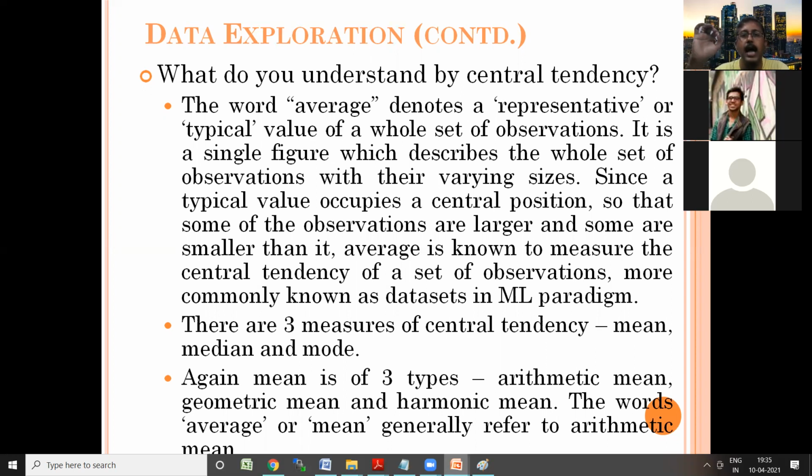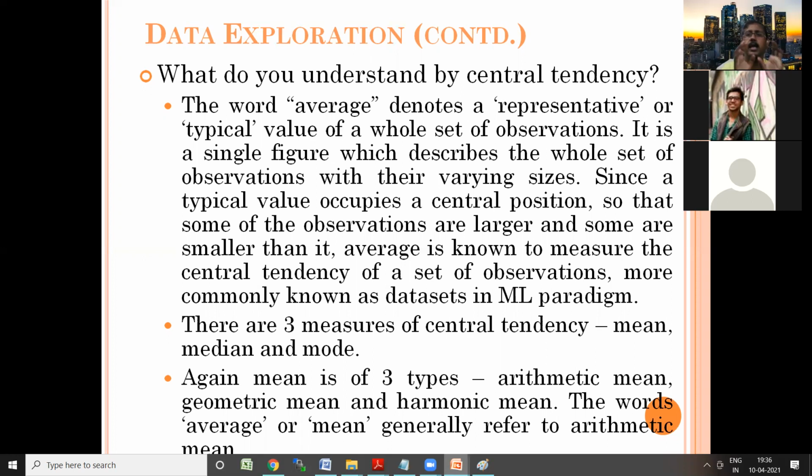So 60 is the average discrete maths marks for section A, and we do the same thing for section B, and we get an average of 65.2. So the representative marks for section B is 65.2 and for section A is 60.